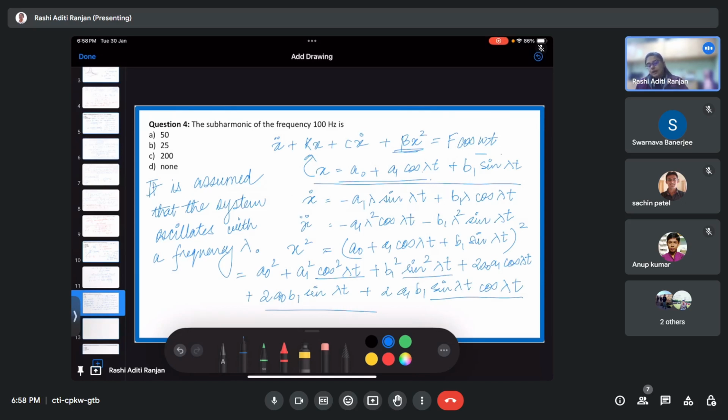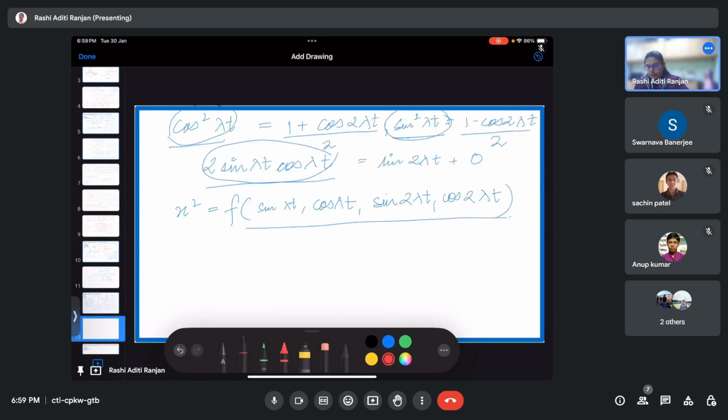So now if I use all these equations, I'll just name it. I'll name this as equation 1, this as equation 2, this as equation 3, and this as equation 4, which now I have converted into like this. This is also your equation 4. Okay. So what will I get?